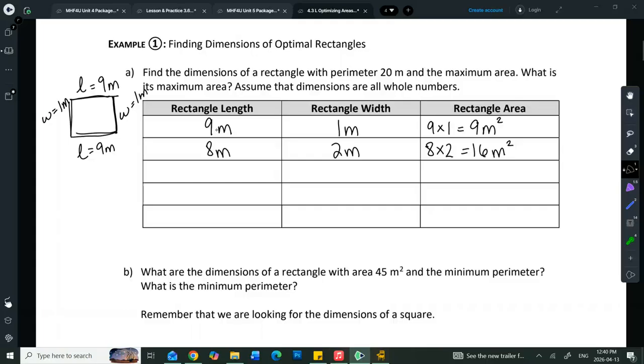What's the next option that we could have? Yep. So 7 meters by 3 meters. That gives us 21 meters squared. Next option.